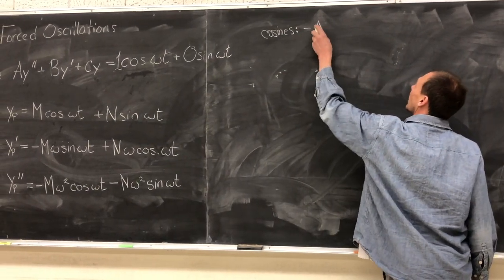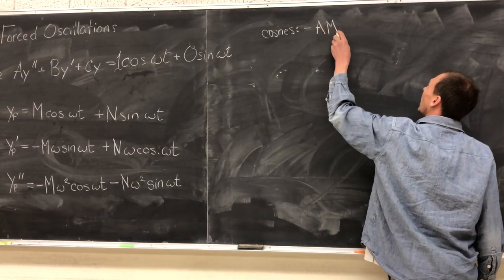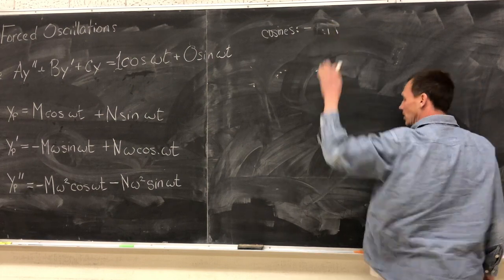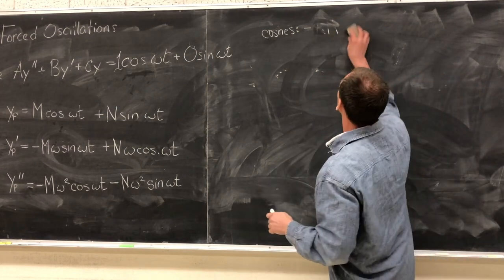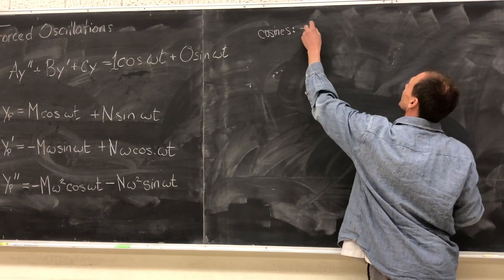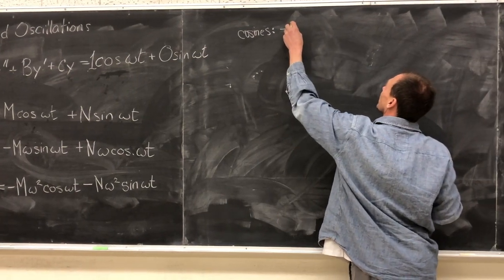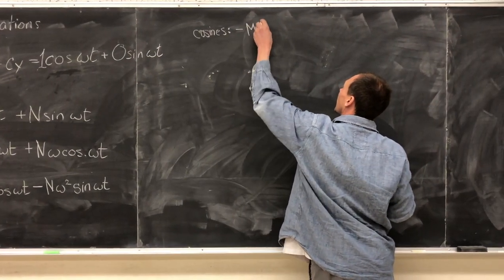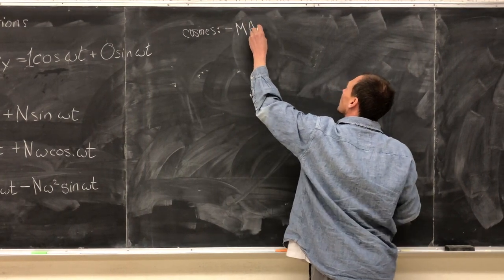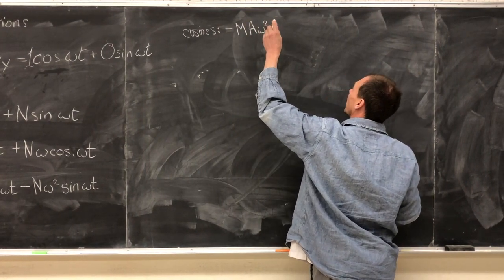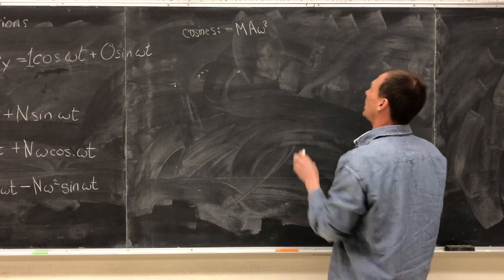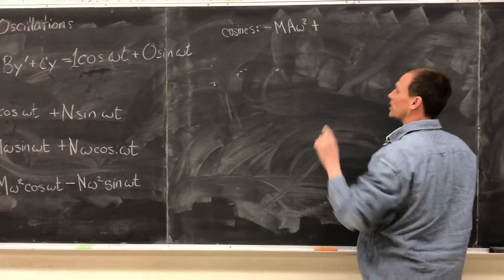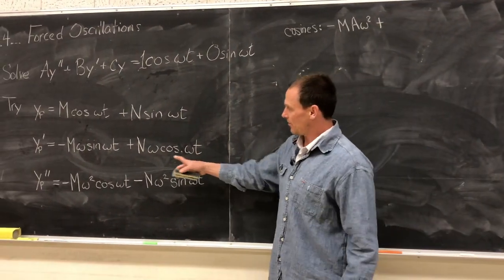So minus m a omega squared, plus, now we're looking for cosines in my first derivative.